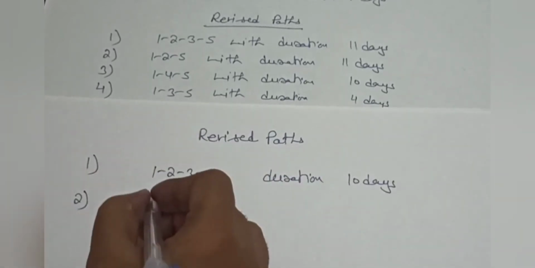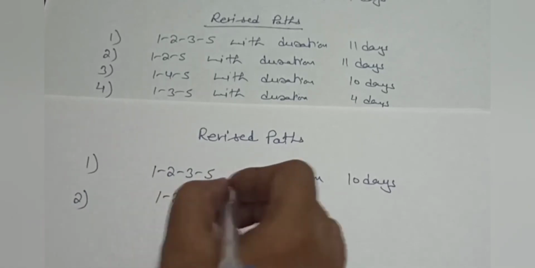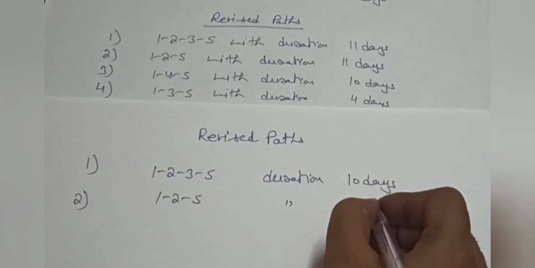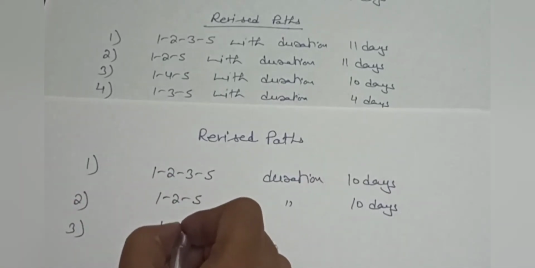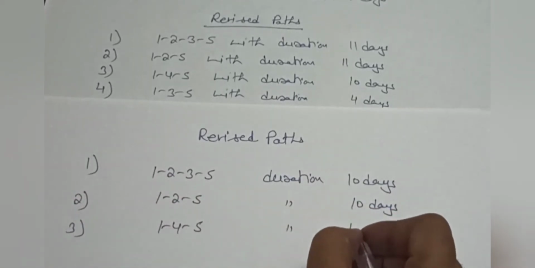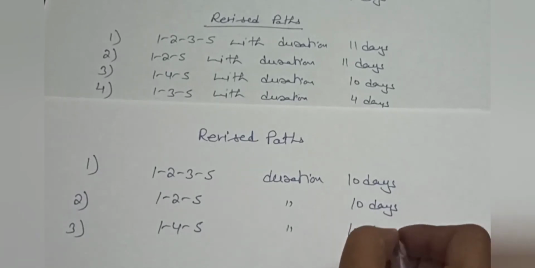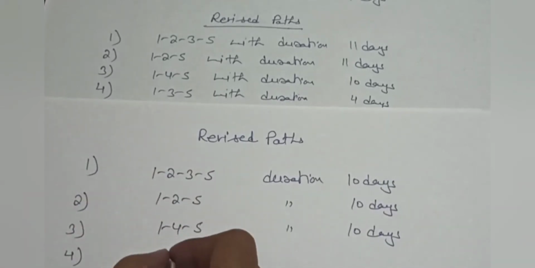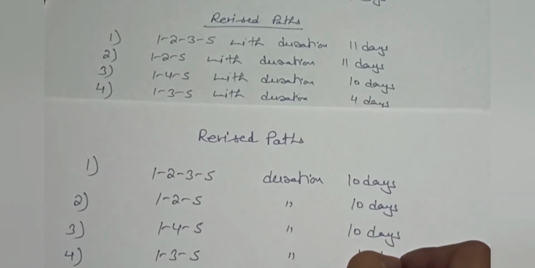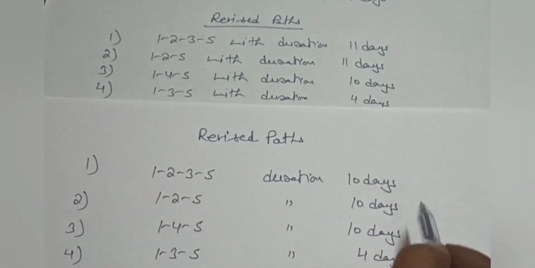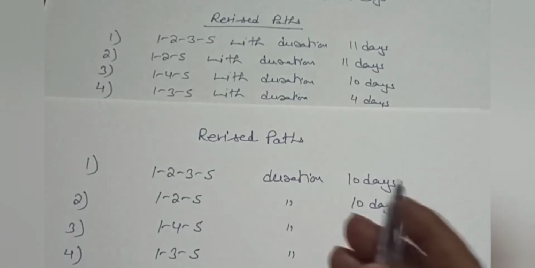Our second path will be 1 to 2, 2 to 5. Duration is also 10 days. Our third path will be 1 to 4, 4 to 5. Duration is also 10 days. Our fourth path will be 1 to 3, 3 to 5. Duration is 4 days. So you can see in these three paths we have a common duration of 10 days.